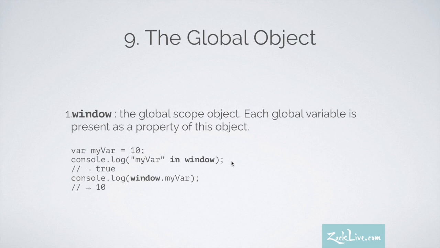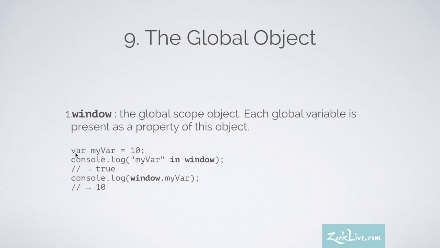Okay, the last object is the window object. It's a global scope object. Each global variable is presented as a property of this object. It's like the top object of JavaScript.